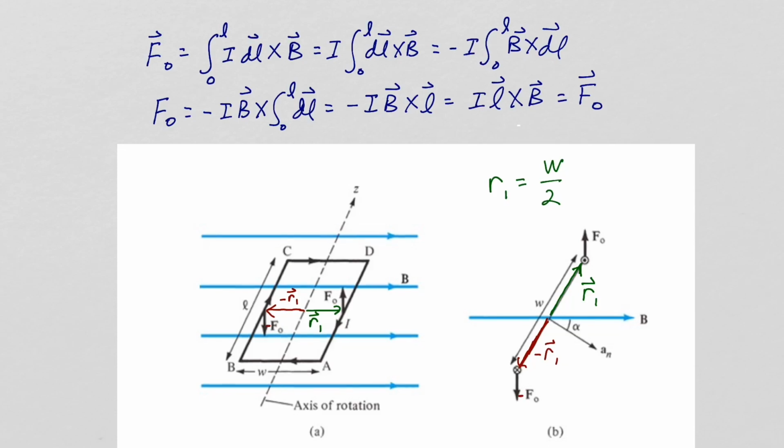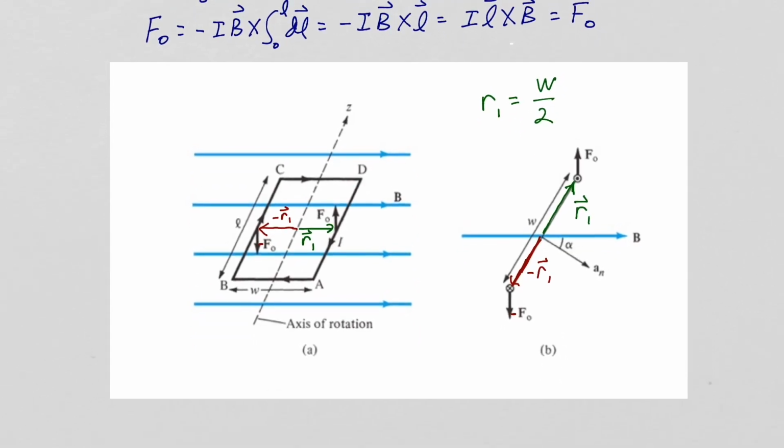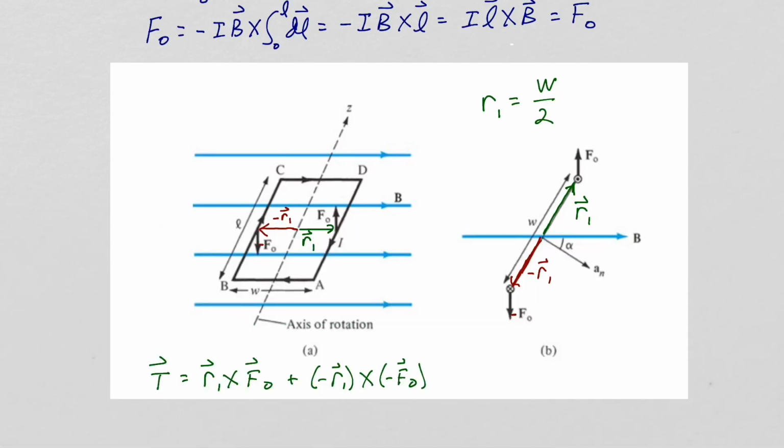So now let's compute the torque on our rectangular current loop. So the torque will be lever arm R1 crossed into F sub 0, and lever arm minus R1 crossed into minus F sub 0.